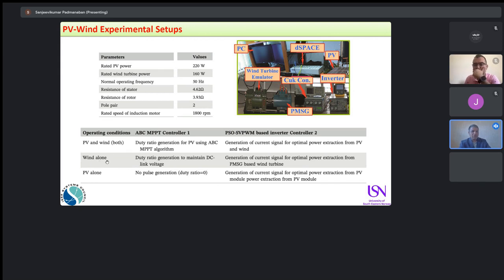For example, if we have only wind, then the ABC algorithm is used only for calculating the duty ratio of the DC link voltage, whereas particle swarm optimization we use again for current signal optimization of a permanent magnet synchronous generator. When we have only photovoltaic, ABC will be taken out of the control.